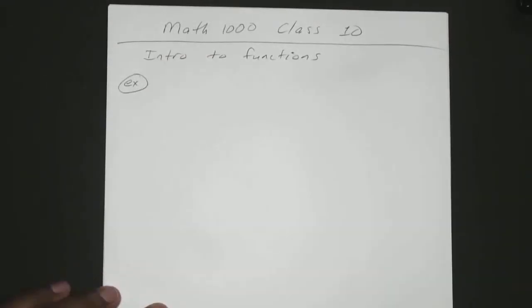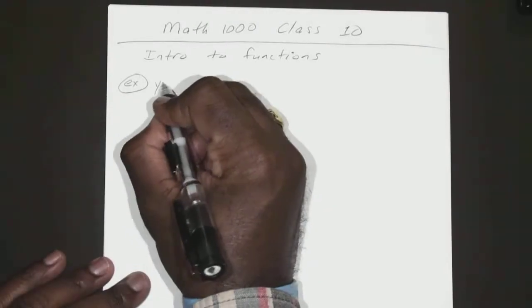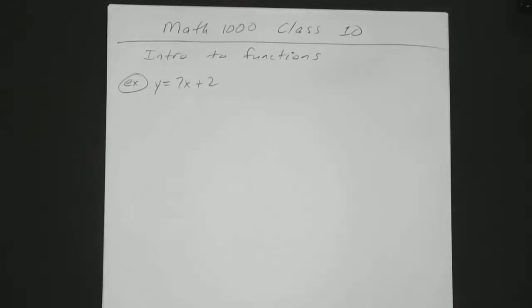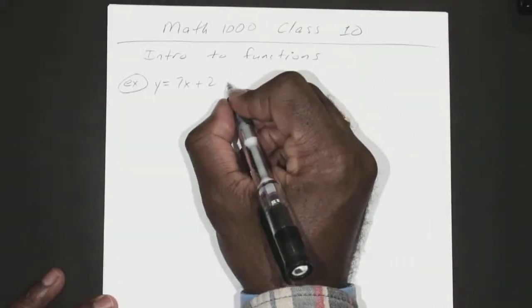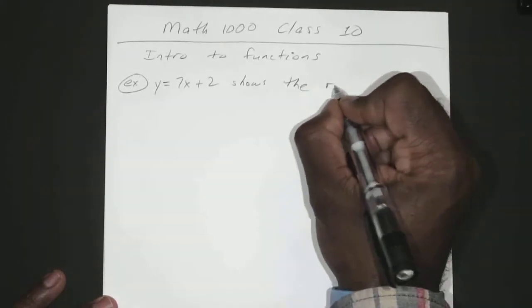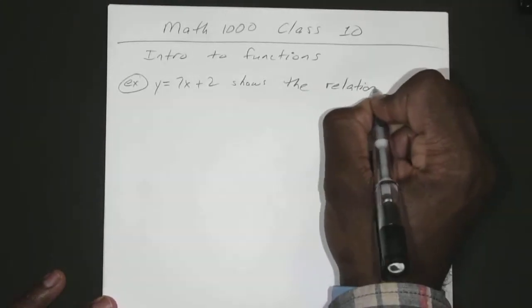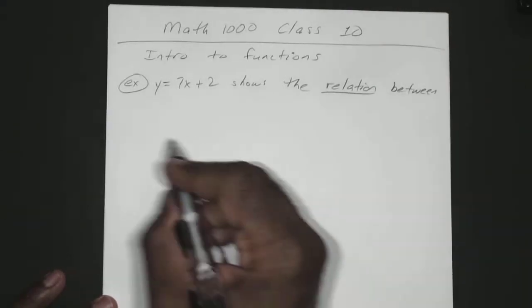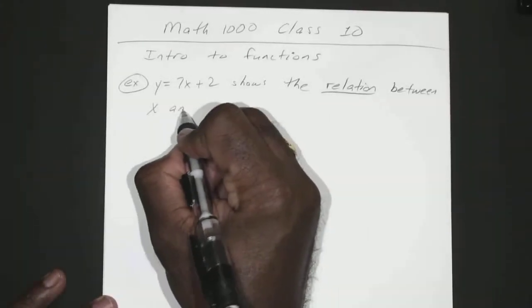Let's say, for example, we're all familiar with y equals 7x plus 2. That just shows the relation between x and y. When x is a value, y is a certain value. When x is a different value, y is a different value. So it just shows the relation between x and y values.